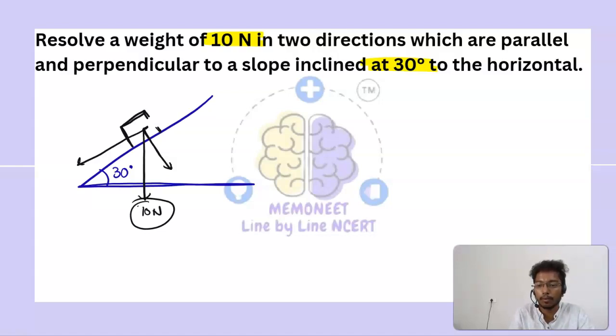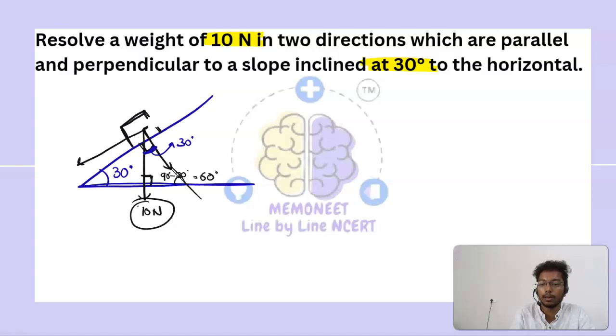So this is 30 degree. This angle will be 90 degree, and this angle will be 90 minus 30, that is equal to 60 degree. And this is 90 degree. So what will be this angle? Only this angle. So this is 90, this is 60, so this will be 30 degree, because the angle sum in the triangle is 180.